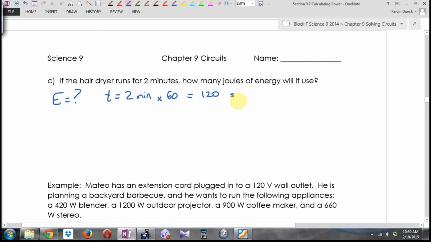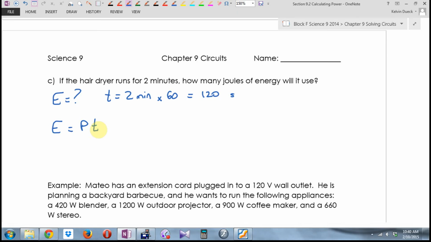So I need you to do me a favor. On your formula sheet, can you find an equation that has the E by itself? Wait a minute, did I write power anywhere in the previous question? Did they tell me the power? Oh, power was 1400, because power is measured in watts.